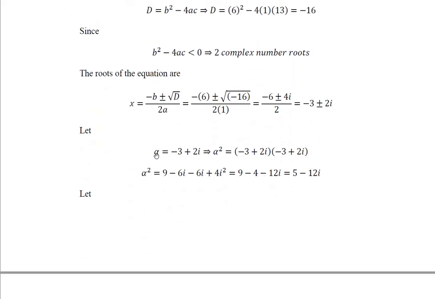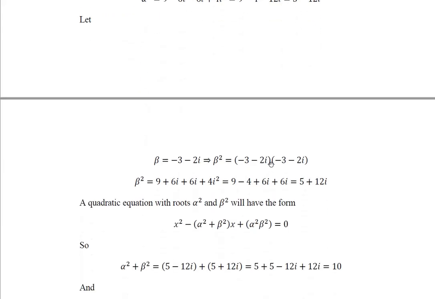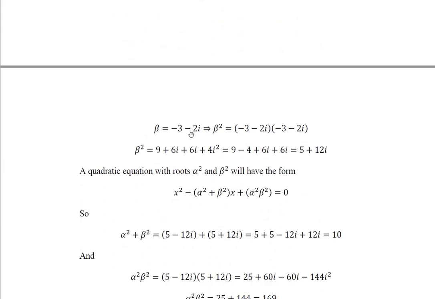If we let alpha equal minus 3 plus 2i, then alpha squared would be equivalent to 5 minus 12i. And if we let beta equivalent to minus 3 minus 2i, then beta squared would be equivalent to 5 plus 12i. A quadratic equation with roots alpha squared and beta squared will have the form x squared minus alpha squared plus beta squared x plus alpha squared beta squared equal to 0.